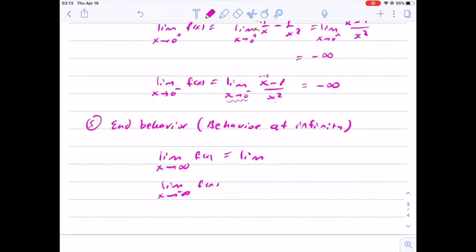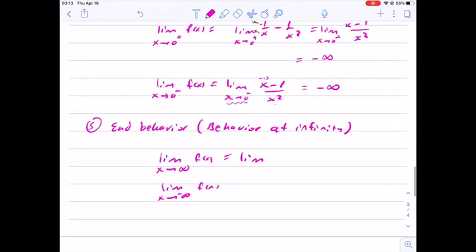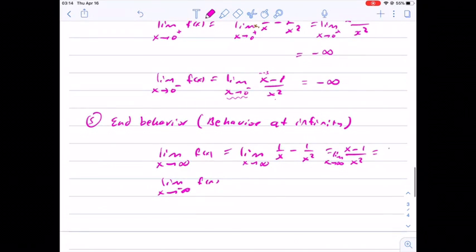The function f of x in this case is x minus 1 over x squared. X goes to infinity, and that means we have x minus 1 over x squared with limit x goes to infinity. If we substitute infinity, we get infinity over infinity, because infinity minus 1 is still infinity, over infinity squared is infinity.